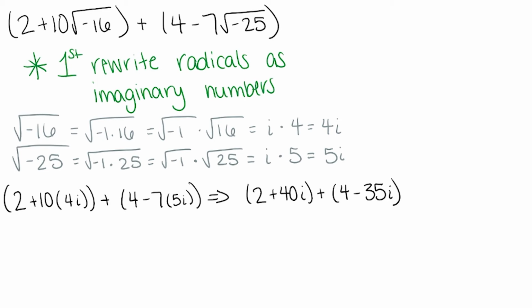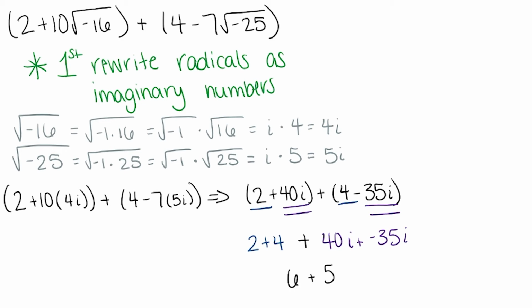Let's identify our like terms. 2 and 4 are like terms. 40i and negative 35i are like terms. So we have 2 plus 4 plus 40i plus negative 35i. Combining these terms gives us 6 plus 5i.